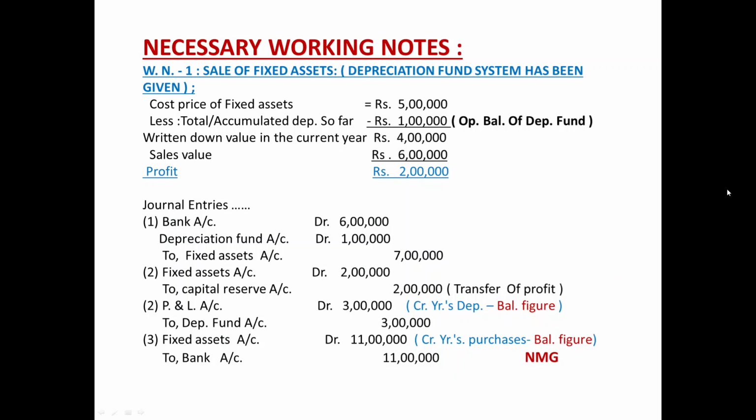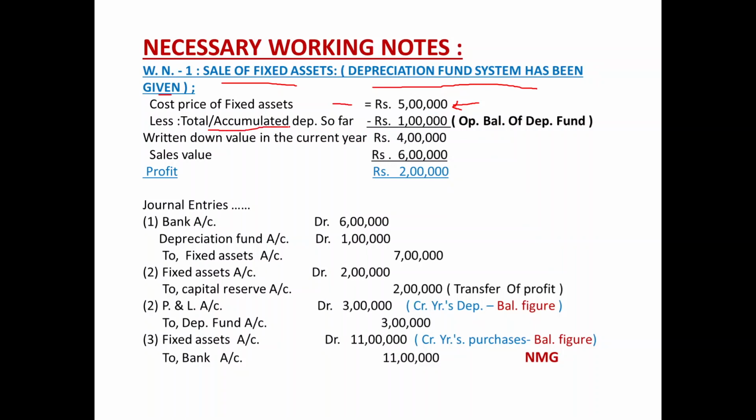Have a look. Working note number 1. Sale of fixed assets. Depreciation fund system has been given in the question. Cost price of the fixed assets, as we saw in the balance sheets, beginning opening balance, because all the fixed assets have been sold in the beginning of the year. So original cost of the fixed assets sold in the current year 5 lakhs.